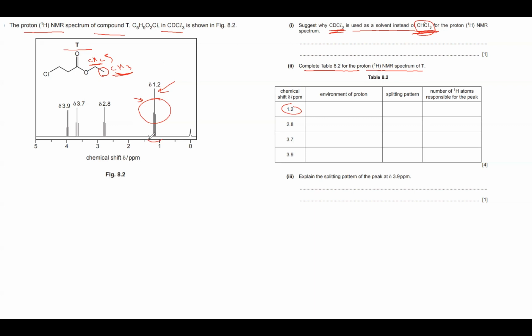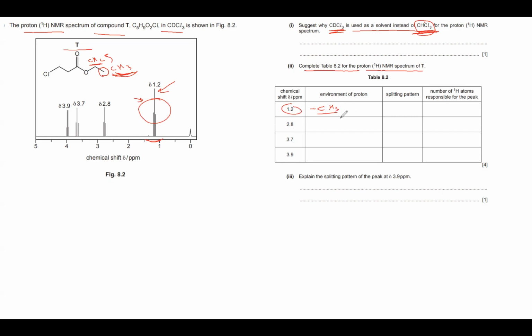That's why the chemical shift is low, almost 1.2. We don't have a strong electronegative atom. That's why we have a lower chemical shift. So this alkyl group is connected to another alkyl group, so we can say that this is CH3.